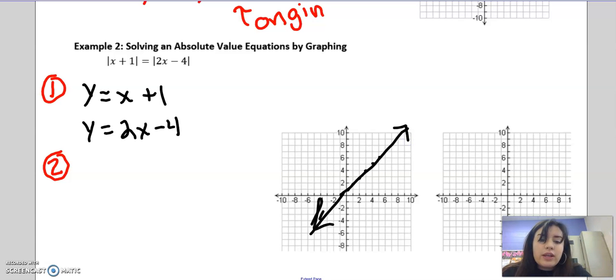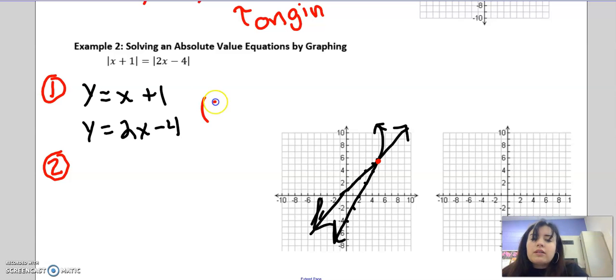We're going to negative 4, and it is up 2, right 1, up 2, right 1, and so on. And our point is right here. So that is at 5, 6.